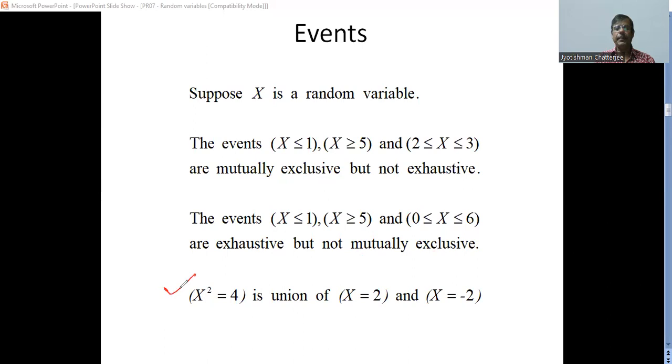Look at this event, capital X square equal to 4. That means it's the event of all outcomes whose X values when squared give you 4.